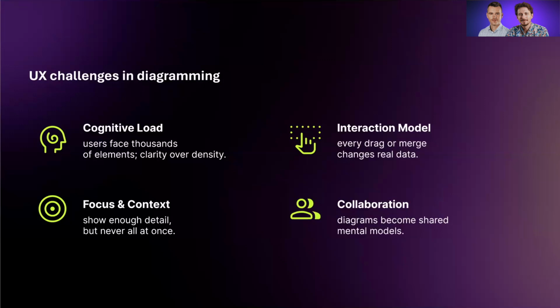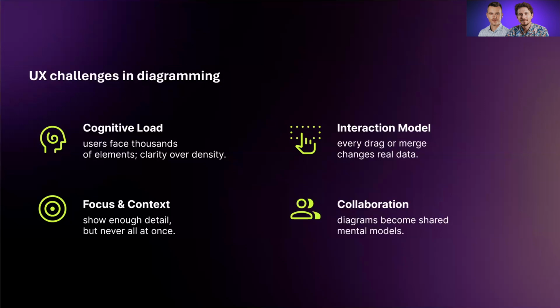You don't need to see 1,000 links all at once, but you need to understand where the main relations are. And this is important. You cannot just hide everything so it looks nice, because then the actual diagram would not serve its main purpose.